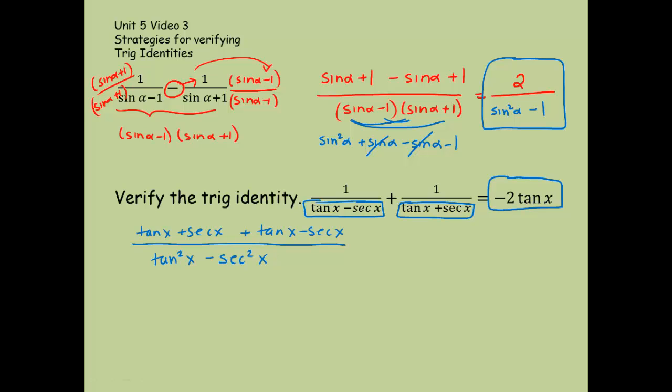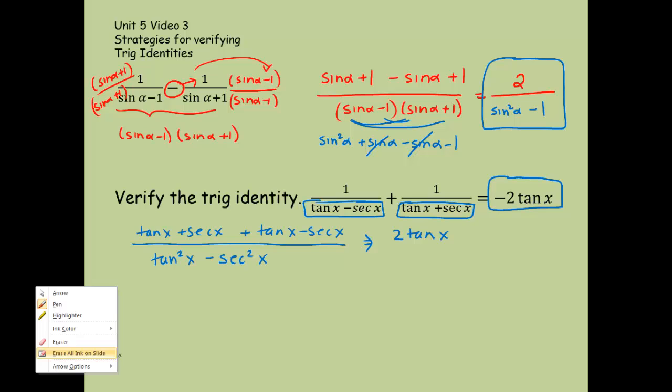All right, so my numerator gets cleaned up where my two secants cancel, and I get 2 tangent of x. So it looks like I'm on my way towards this negative 2 tangent of x. So perfect. My numerator is looking good. My denominator, however, is tangent squared of x minus secant squared of x.